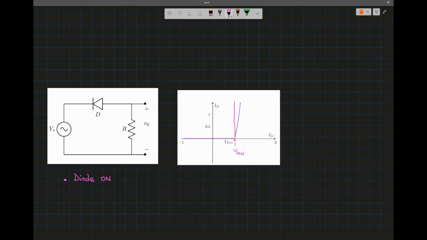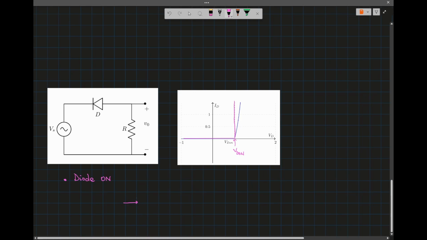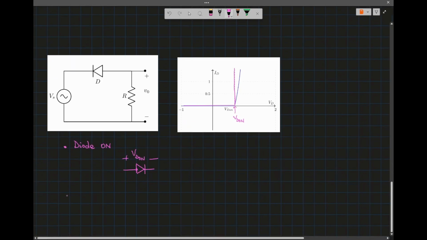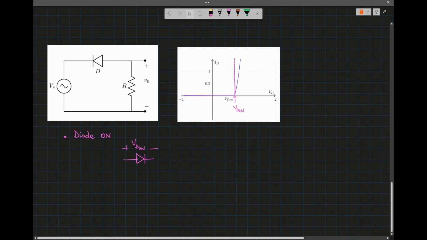Okay, so we have the diode on. So the diode, I'm going to sketch it. We have VD on, the diode is on. So I can replace it by this voltage source.